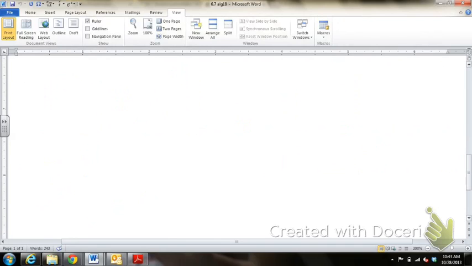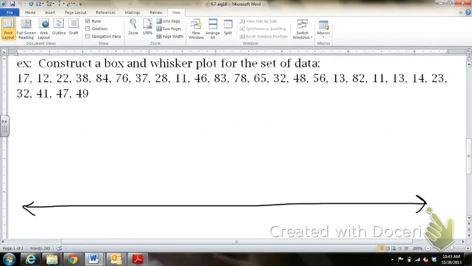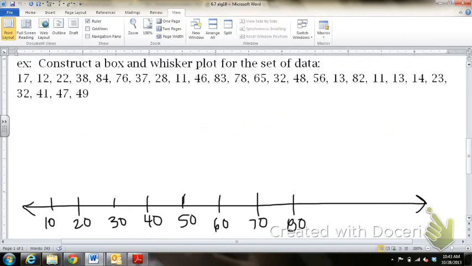All right. Okay, so now let's give ourselves a number line. Okay, now I had to go from 11 to 84. So I'm going to start with like a number 10, and I'm going to go up by tens. 20, 30, 40, 50, 60, 70, 80, 90, I can go to 100 if I want.